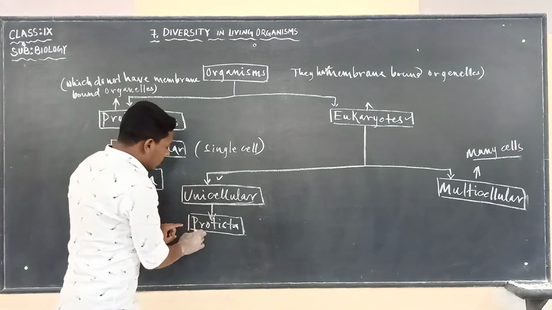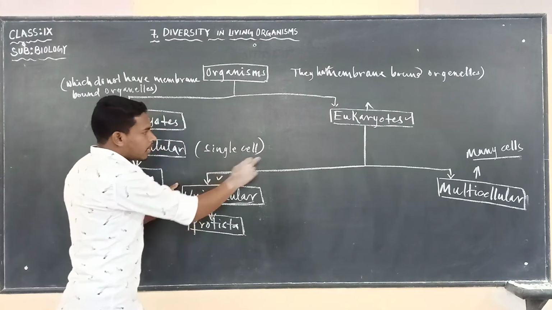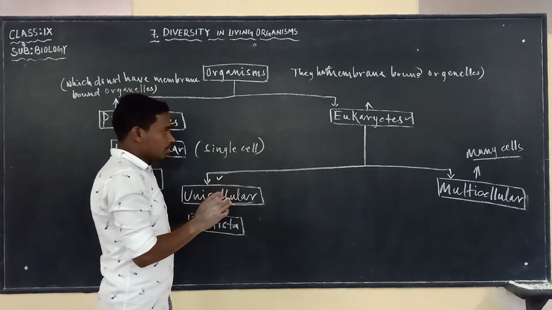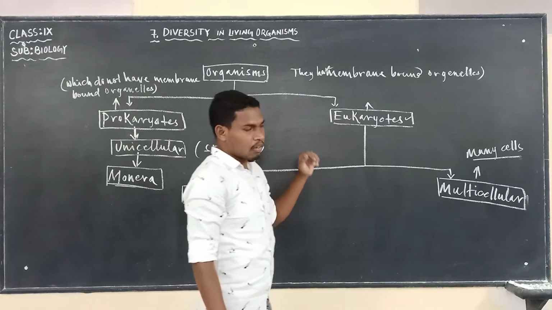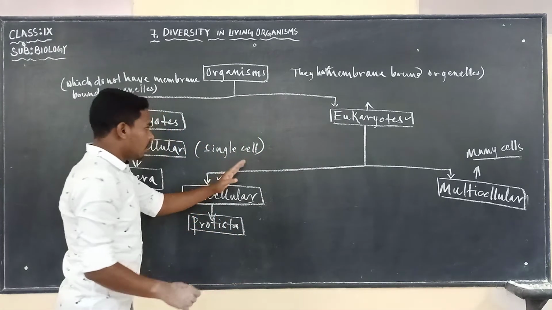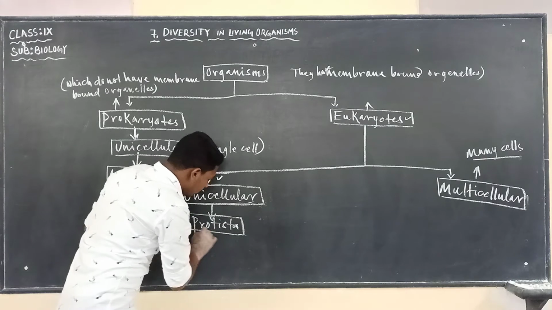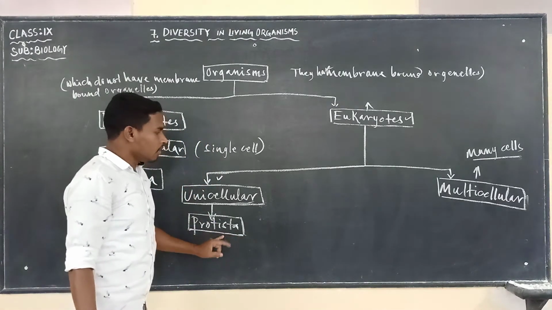So Protista are made up of a single cell and they are eukaryotes. That means they have membrane bound organelles. Though they are made up of a single cell, they have membrane bound organelles. That's why they are grouped under Protista.